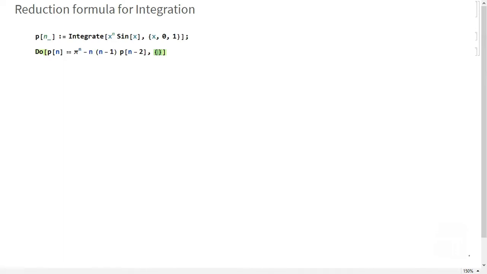So I want to iterate over n, and I want to start from 2, because as I mentioned earlier, we have to keep n always equal to or greater than 0. So I want to start from 2 and go up to 10. Alright, so this is the thing I want to do.